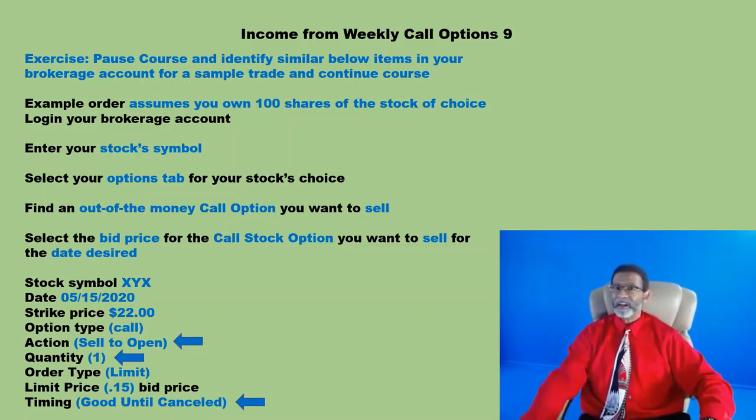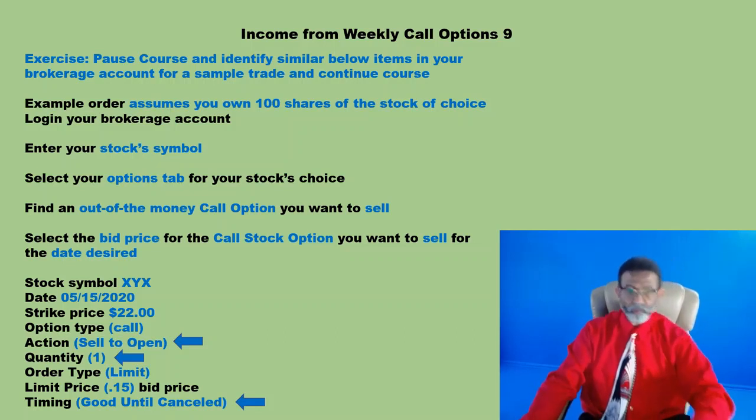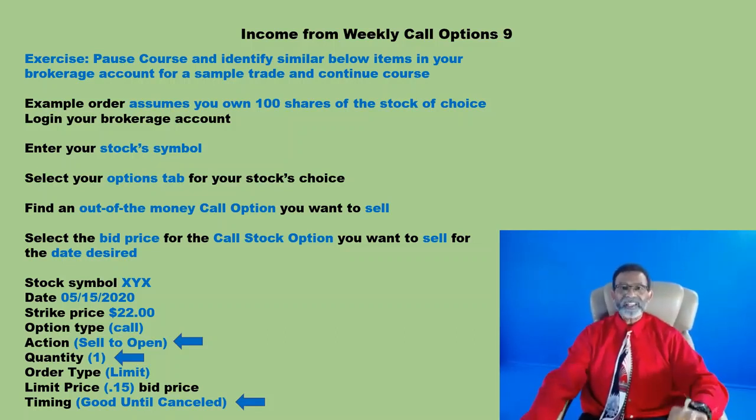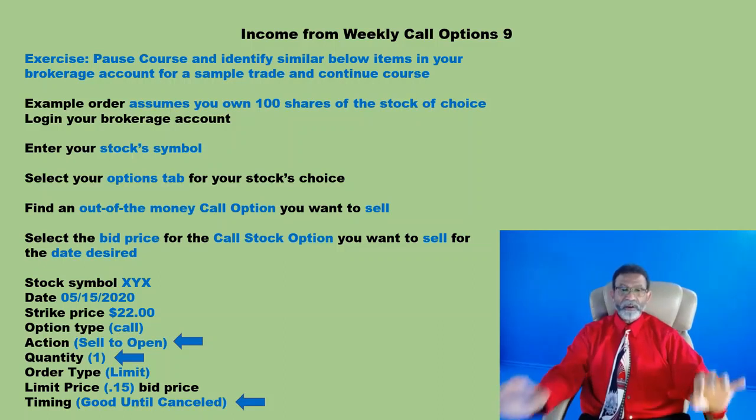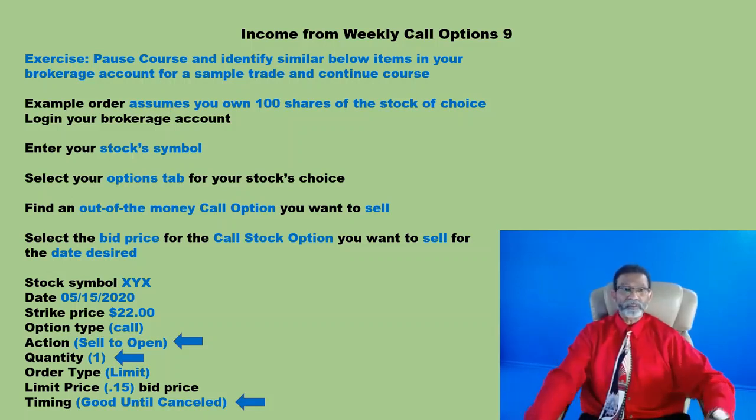This is not a trade you have to execute, but this is what you may see in your account if you were to execute it. So stop the course, take your time, and see if you can find different areas in your brokerage account where you would see types of items similar to these.